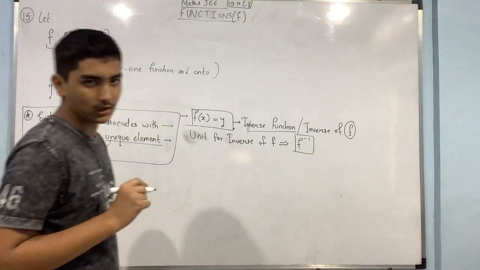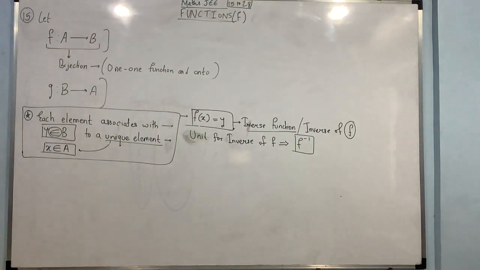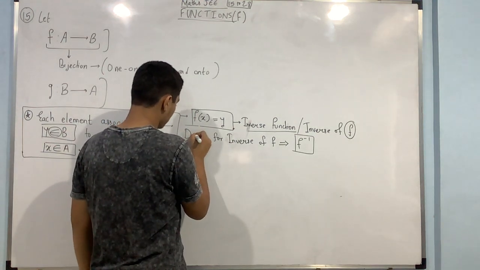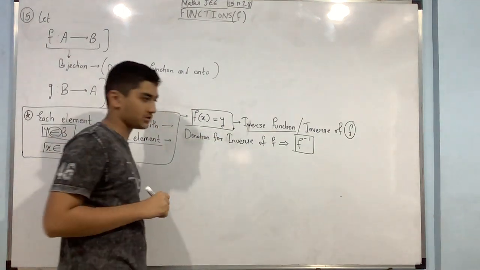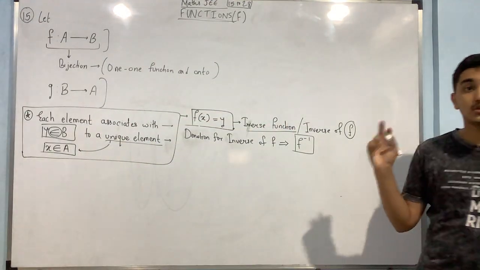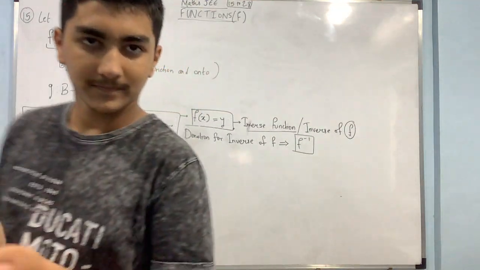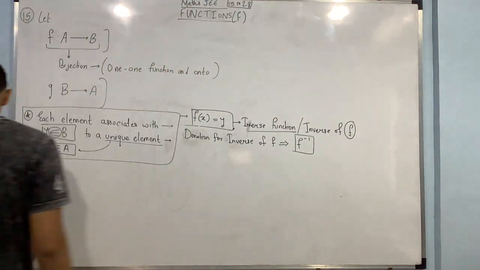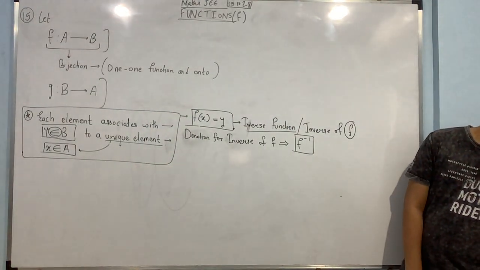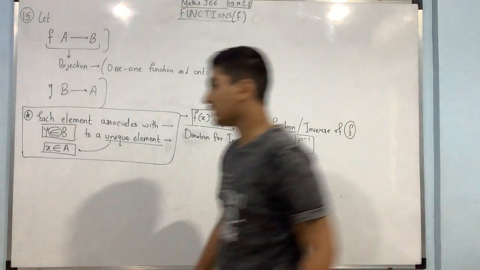You can call it unit, denotation, or anything; instead of unit, say denotation. It's not physics or chemistry. The denotation for the inverse of the function F is F raised to the power -1. Okay, let's go ahead. This was the first point.